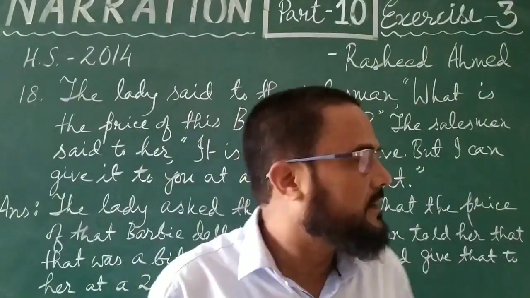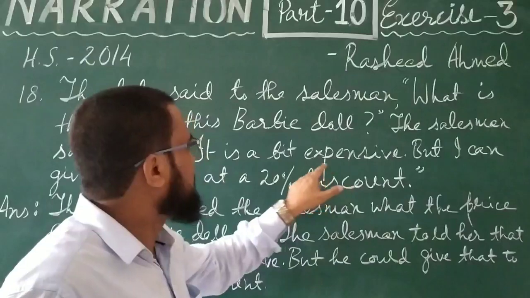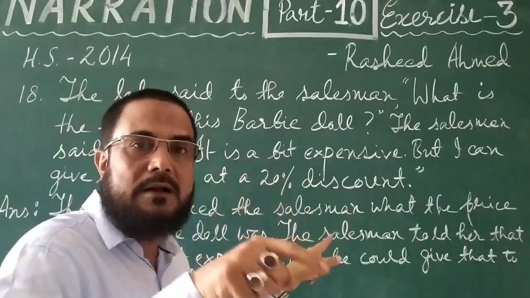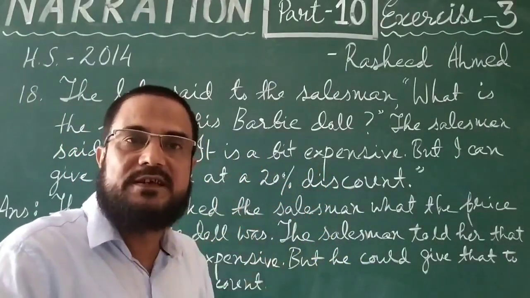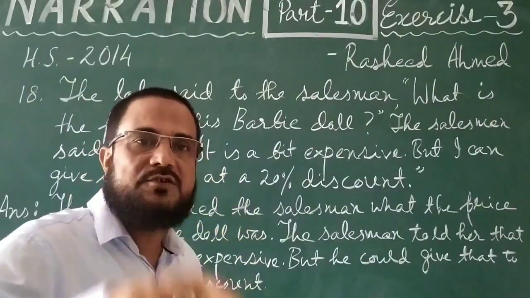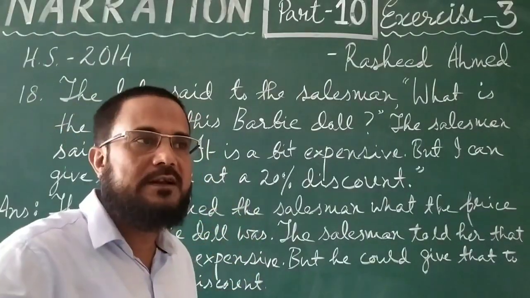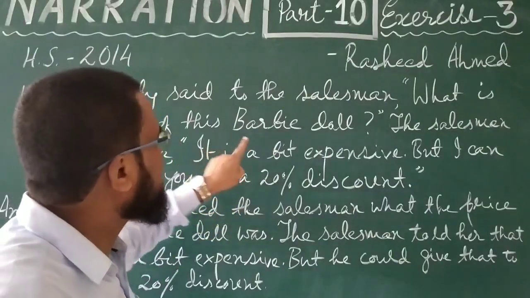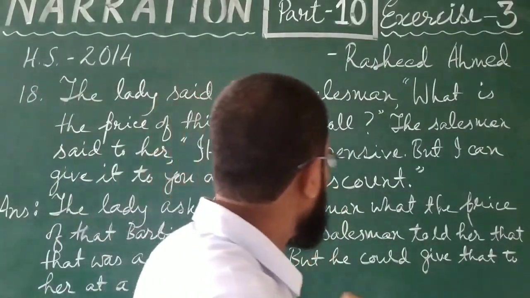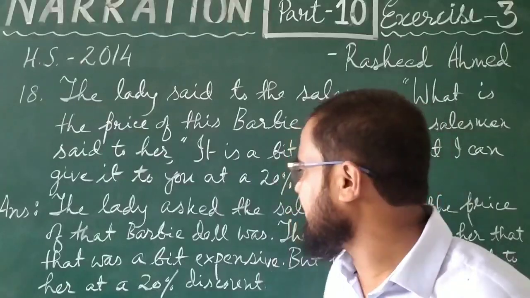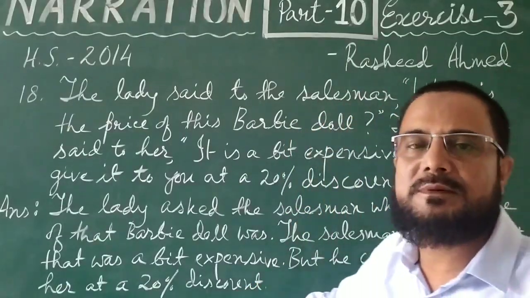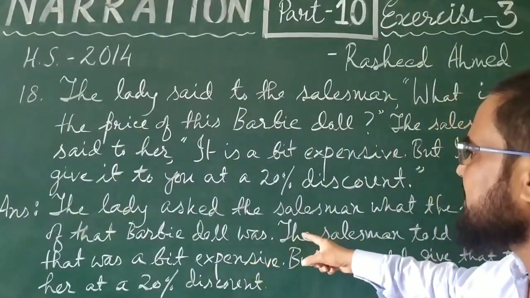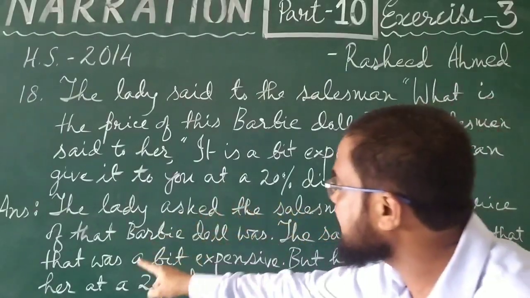So the salesman said, "It is a bit expensive." By this he refers to that Barbie doll which the woman wants to purchase. He demonstrates that Barbie doll and talks about it. So it is a demonstrative pronoun, it will be changed. In the answer we write: the salesman told her, or you can also say the salesman replied to her, that that was a bit expensive.